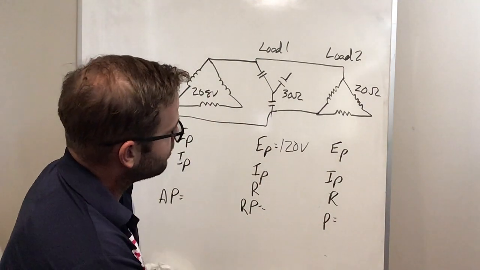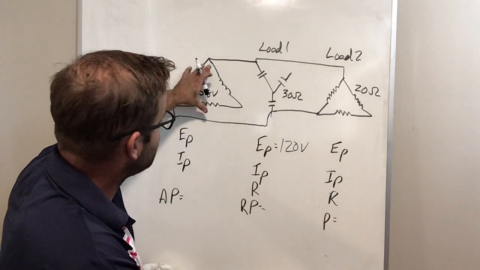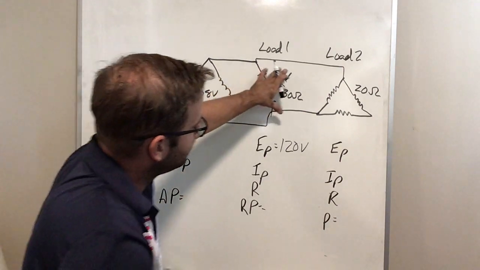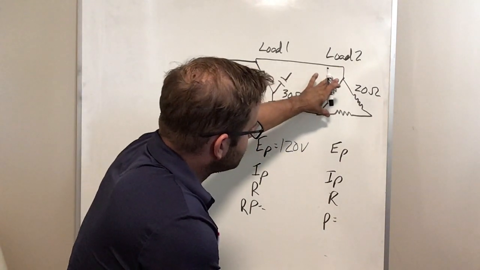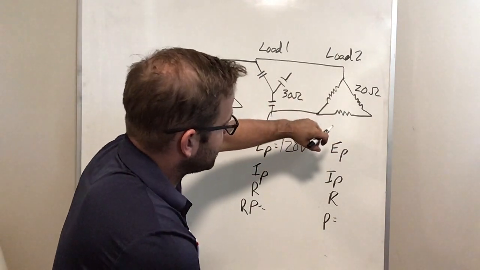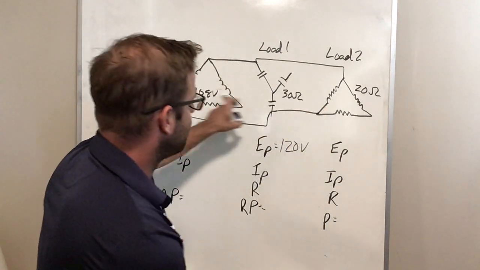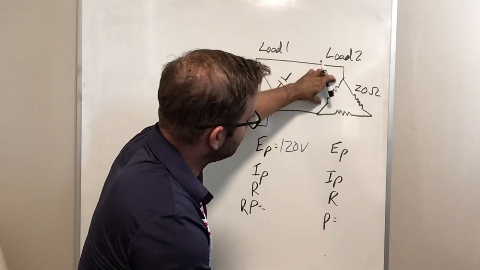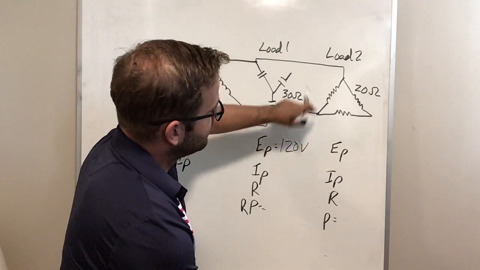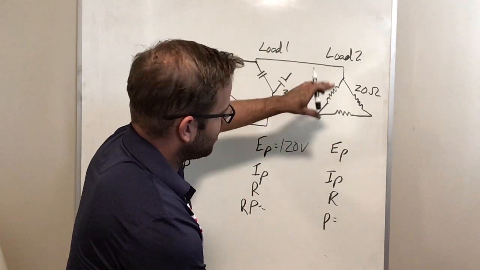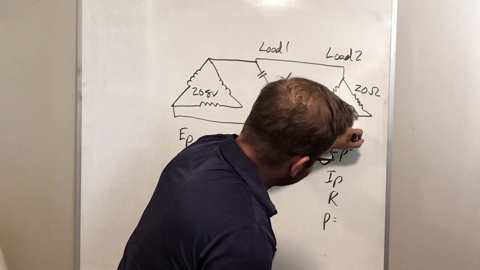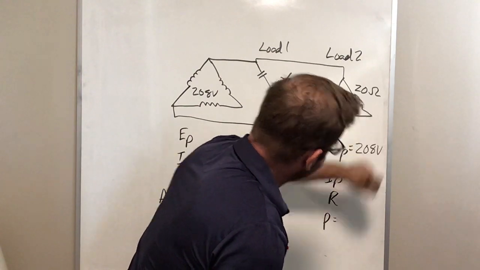Now we look at load number 2. We've got 208 volts in the line, which means we also have 208 volts in the phase, because they're both in delta and only one load sees that voltage across it, not 2 having to split it. So we have 208 volts.